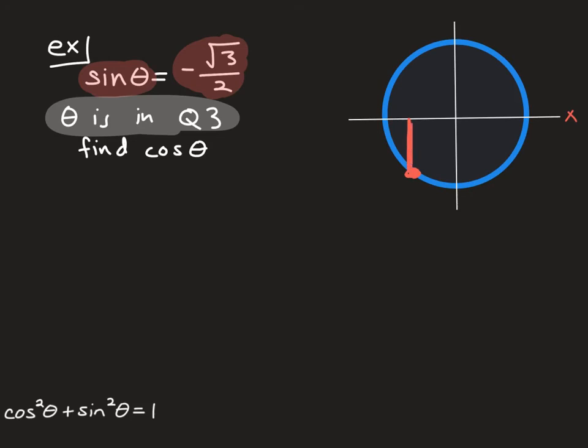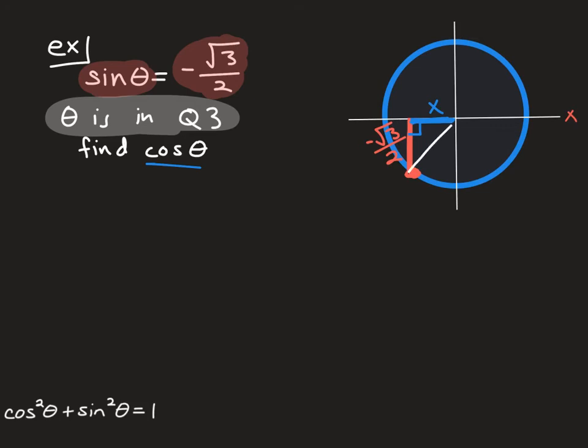So that y distance is going to be the negative root 3 over 2. And what I'm trying to find is this x distance right here. So we need to figure out what that is. And again, the x is like my cosine of theta, so that's what I'm trying to find. Okay, so I have my triangle here.